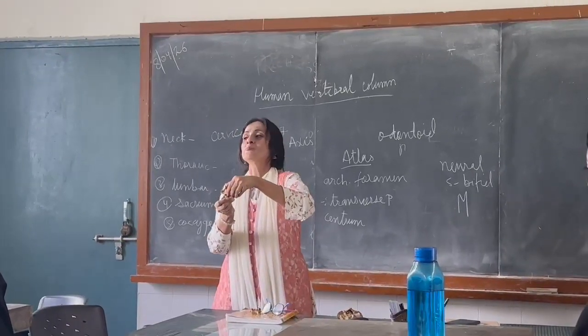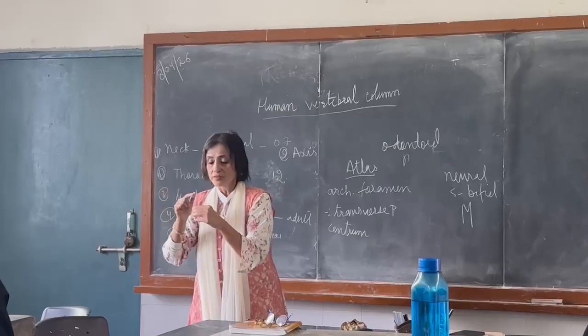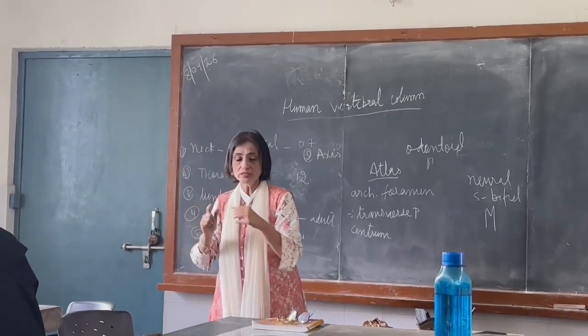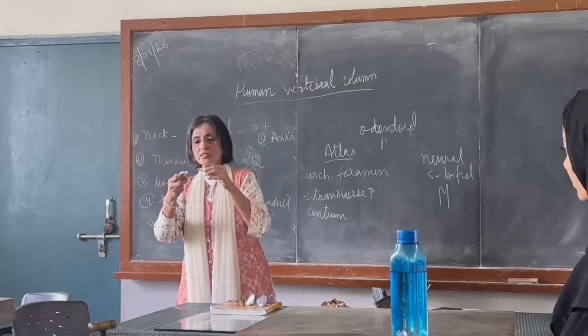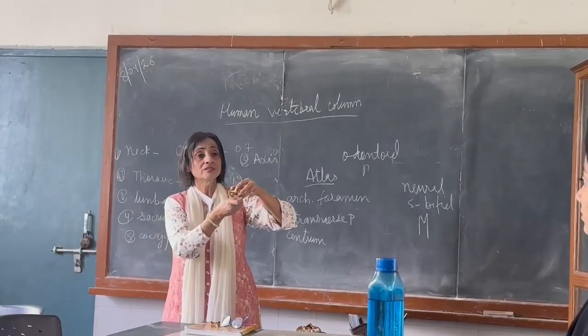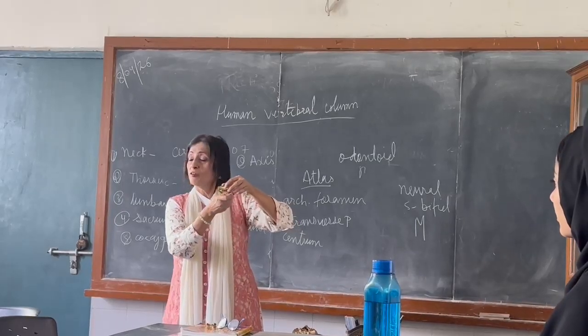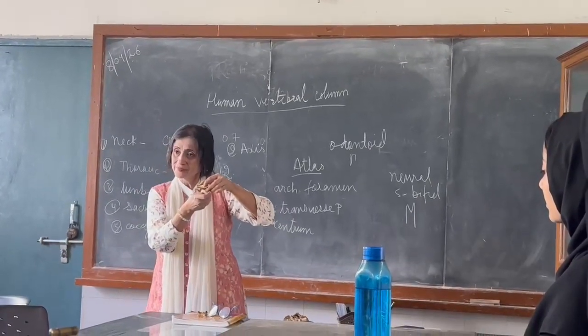This way, by hinge joint, so that the vertebrae doesn't fall back. Okay? Now come to the articulation. Its pre-zygapophysis articulates with the post-zygapophysis of what? Post-zygapophysis of the first vertebrae, that is atlas.